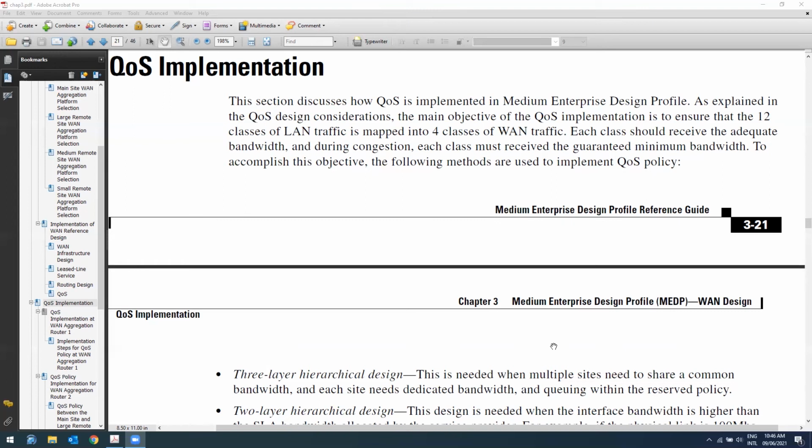Each class should receive adequate bandwidth during congestion, and each class must receive the guaranteed minimum bandwidth. To accomplish this objective, the following methods are used to implement QoS policies. Basically, what it is saying is, whatever you have, everything should work perfectly, right?